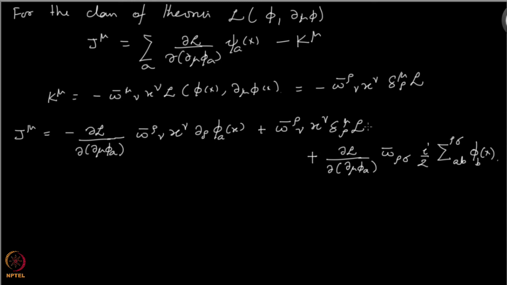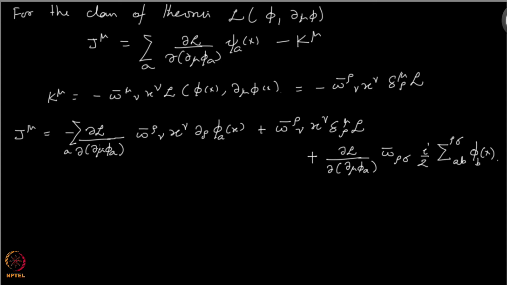Okay, let me check if I have written correctly. One check we can always do is look at whether all the indices are contracted properly, and if they are, it's highly likely that things are correct. Of course, factors of 2 can be wrong, and signs can be wrong, but at least one level of check would be there. So the left hand side has only mu free, so I should have a mu up on the right hand side also. So rho is contracted, nu is contracted, a is contracted because there is a sum over a.